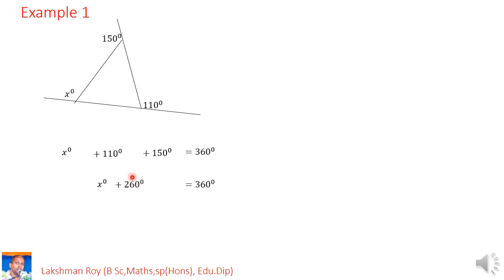To remove the added 260, you have to subtract 260 from the left hand side and also from the right hand side, right? So positive 260 and negative 260 cancel to 0, and x remains 360 minus 260, that is 100 degrees, right? So that is the value of x, the magnitude of this angle.